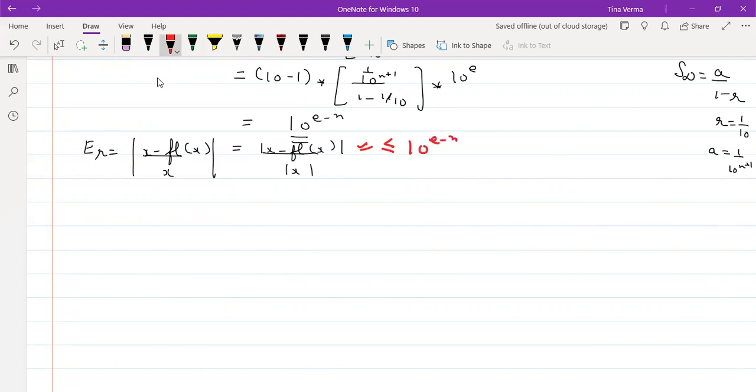Next, you just have to calculate mod of x. So now mod of x is 0.a1 a2 ... an. Here we consider the numbers in the normal form of the floating point representation.